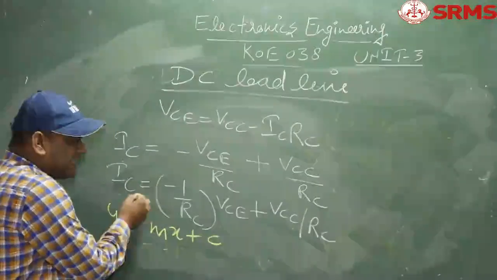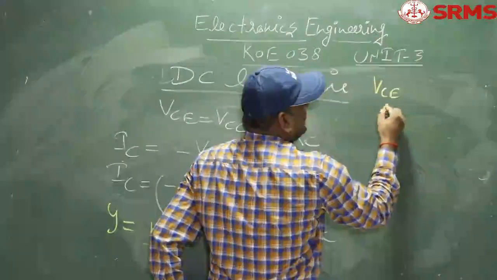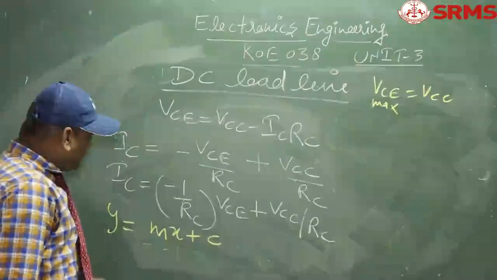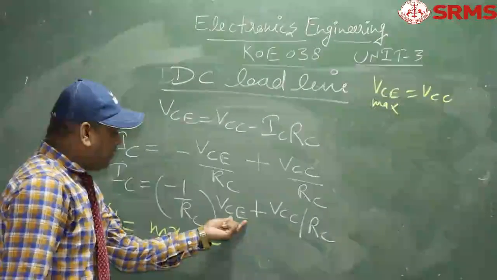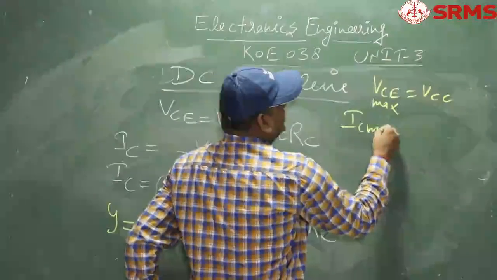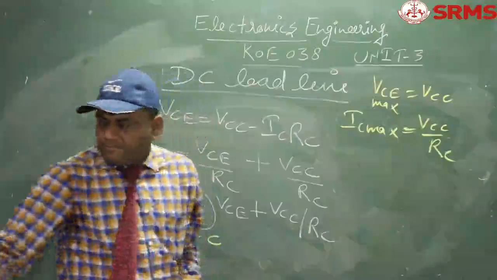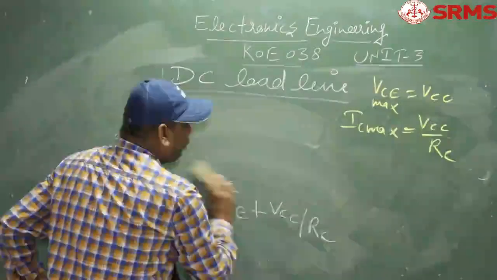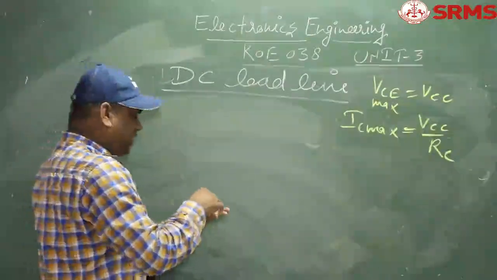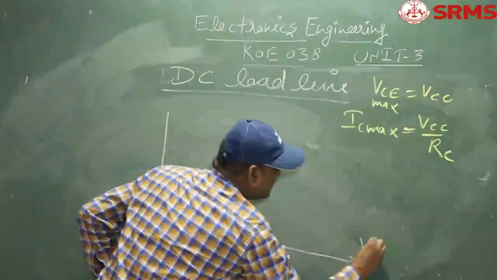If we put IC equal to 0, VCE max is equal to VCC. If we put VCE equal to 0, the IC will be maximum, and IC maximum you can determine as VCC divided by RC. Now, we draw a straight line under the DC operating condition on the output characteristic of the transistor.